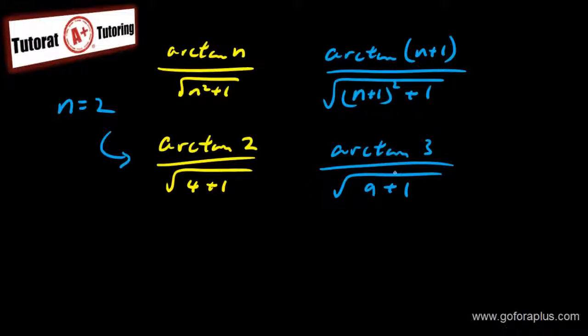Now, the bottom part, I know that this must be bigger than that one. On top is just a constant value, because you need to imagine that the bottom part is getting bigger and bigger. On top is always between minus pi over 2 and pi over 2. So I only need to check the bottom part. Now this is getting bigger and bigger.